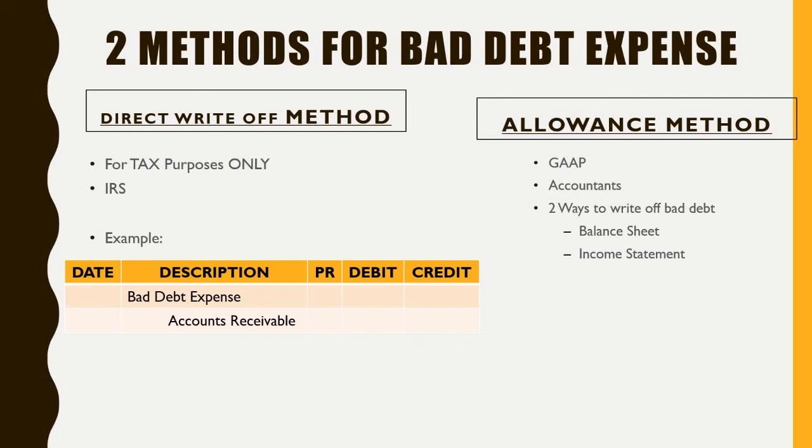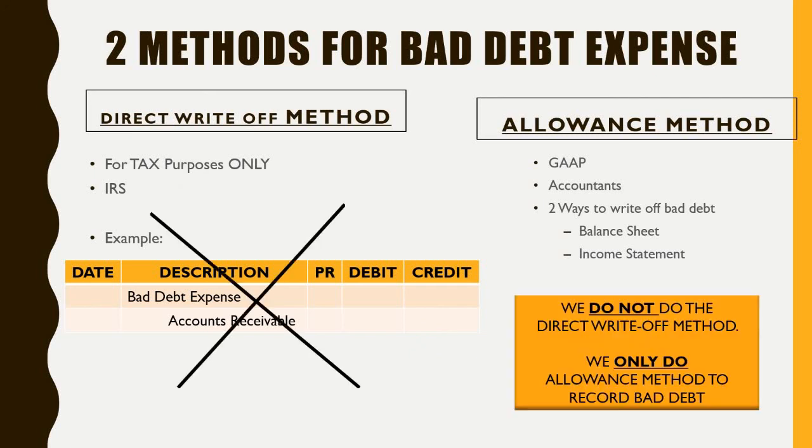This is governed by the Acct. The rules of Acct tell us that, hey, you are not a tax accountant. If you're not a tax accountant, these are the steps you need to take in order to properly write off the bad debt, okay? So we are not going to be teaching you the direct write-off method.